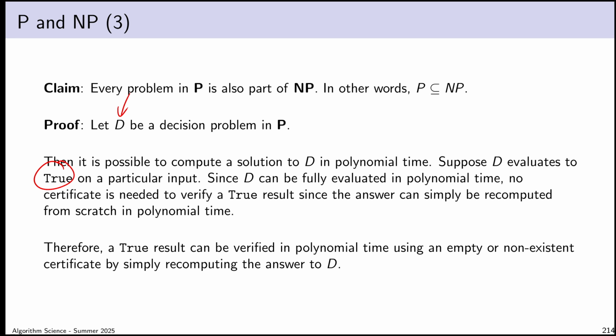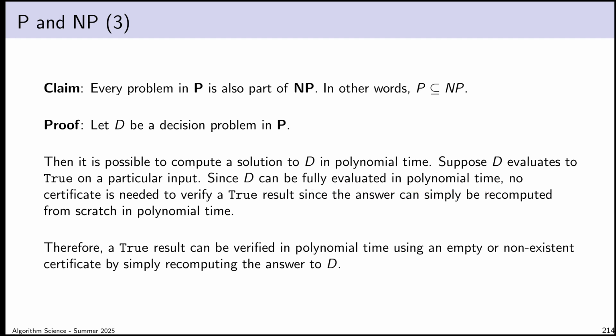So suppose that D evaluates to true on some input. Since D can be fully evaluated in polynomial time, I don't really need a certificate at all. I could just verify the true result by recomputing the entire answer from scratch, because I can do that in polynomial time. So therefore, I can verify a true result in polynomial time using an empty or non-existent certificate by just rerunning the computation for D.